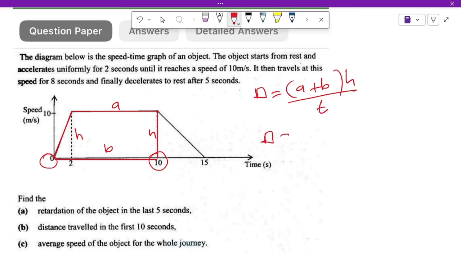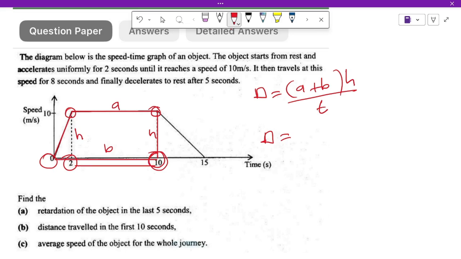Okay, so what is your A? Your A is the distance from there to there. Okay, so how do you find that distance? We're going to say 10 minus 2. Okay, 10 minus 2 giving you 8. The distance from here to there. Okay, that is 8.